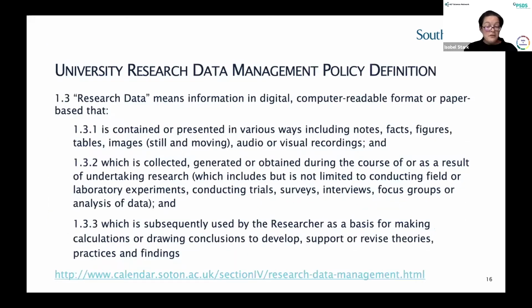Now, just before I get onto the FAIR principles, here is the definition from the University of Southampton of what we mean by research data. It's very difficult to have a single, quick, easy definition for research data. It will mean different things in different disciplines.